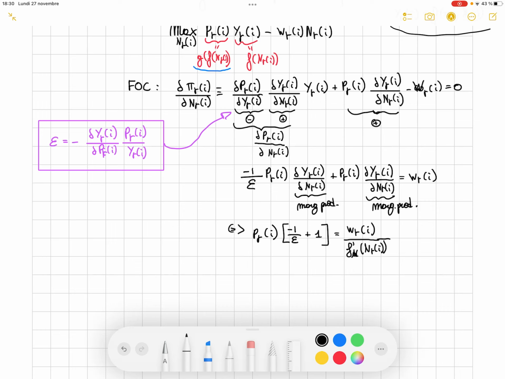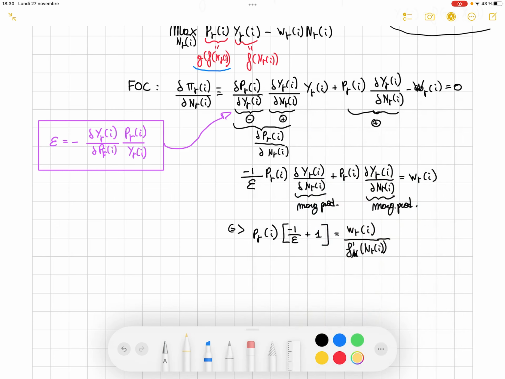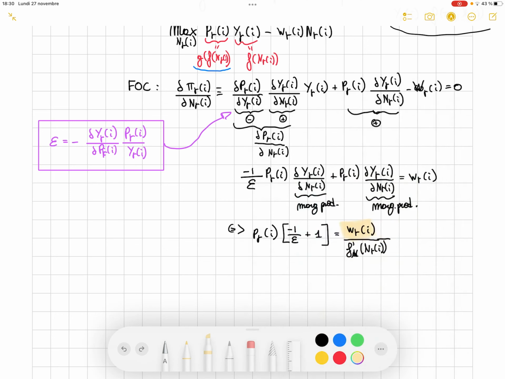And what we see is that what you get from this term that you are looking at is something pretty interesting, because it is basically the price, the marginal cost of labor, divided by the marginal productivity of labor.